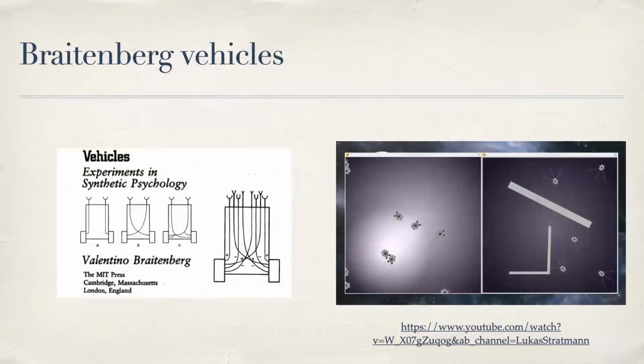Braitenberg vehicles, this is one of my favorite examples. Does anyone know about Braitenberg vehicles? Raise your hand, yeah, some hands, okay. Valentino Braitenberg was an Italian neuroscientist who actually did a lot of work on vision, and then at some point he went off on a tangent and published this book, which I think is just an amazing book.